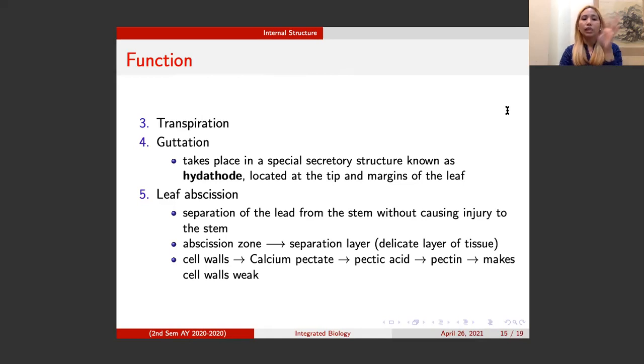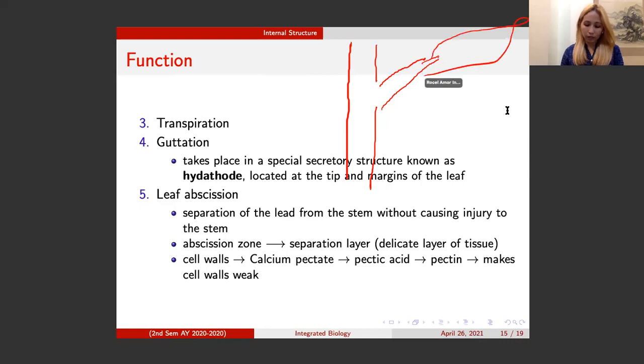Okay, in any case, in the stem, right? When you see this under the microscope, in a stem where a petiole is connected, see for example, this area here, there is an area at the junction that we call the abscission zone. Okay?